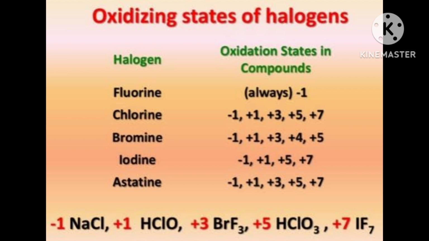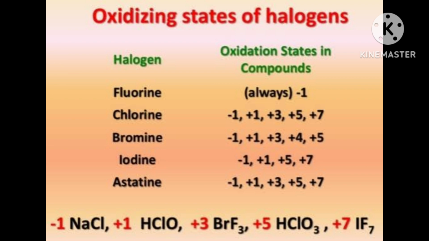This higher oxidation state I am talking about. The higher oxidation states of chlorine, bromine and iodine are realized mainly when the halogens are in combination with small and highly electronegative fluorine and oxygen atoms.